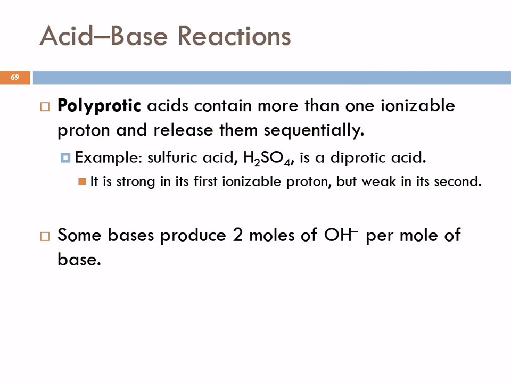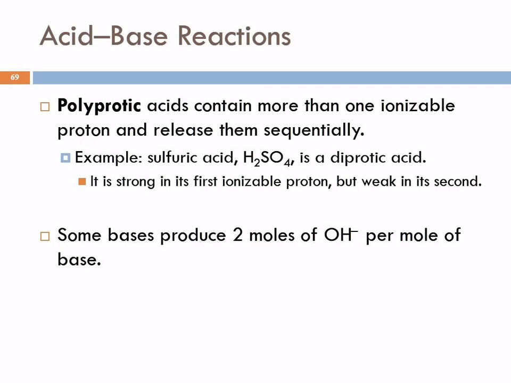Polyprotic acids, poly meaning many, protic referring to proton, the hydrogen ion. They contain more than one ionizable proton or hydrogen, and those can be released separately. So sulfuric acid, when we look at the formula, H2SO4, this has 2 ionizable hydrogens.